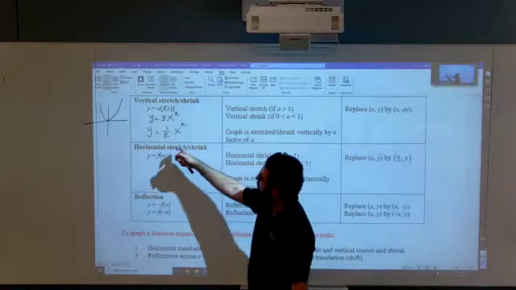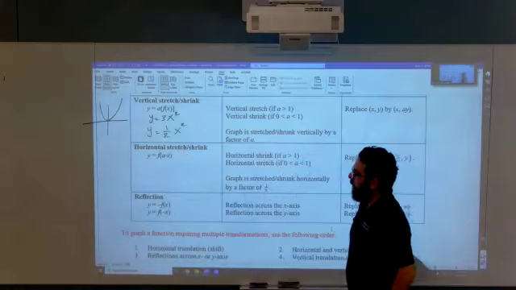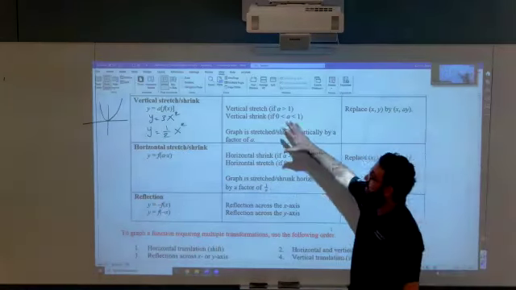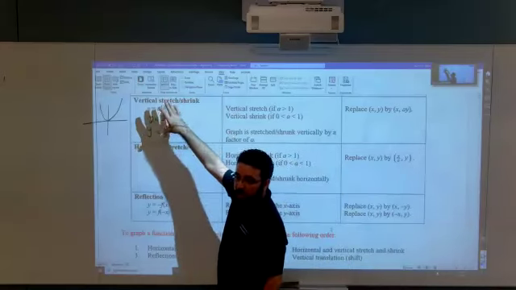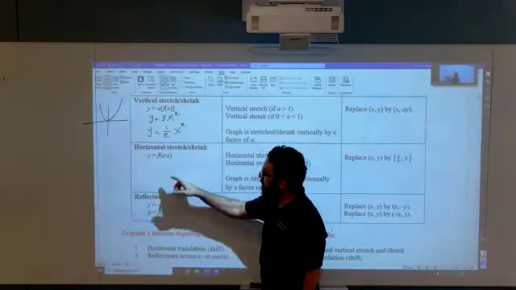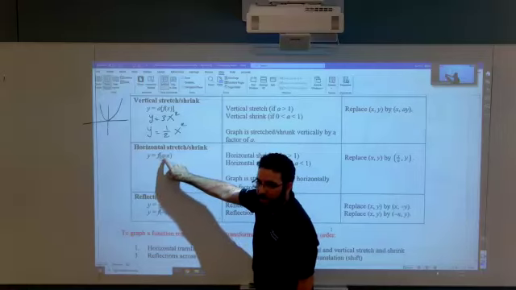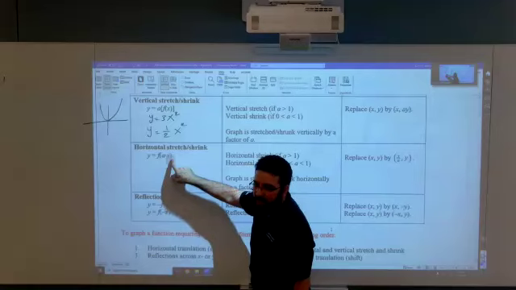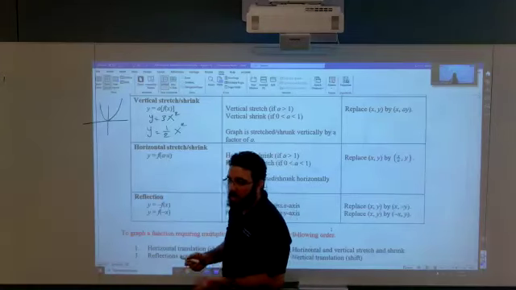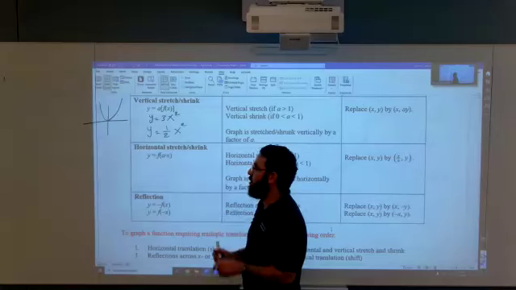So what is this example? Now this is a vertical stretch or shrink. The same thing, but check the number where? The number inside the function. So it's going to be a number inside.